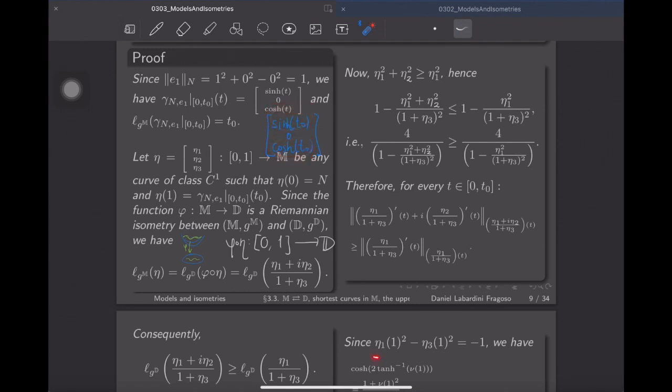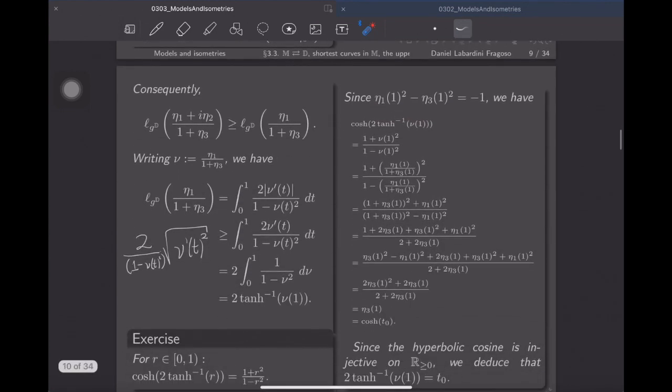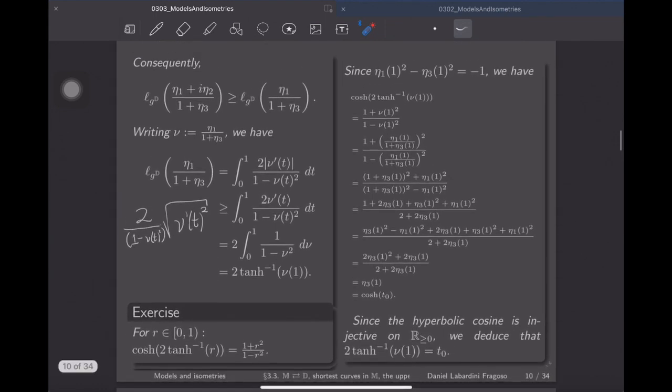So I have this equal to minus 1, but I'm going to use that a couple of times now, because you see this one is by the exercise equal to this one, where I plug in nu of 1 instead of r. Okay, so I plug in nu of 1 instead of r.